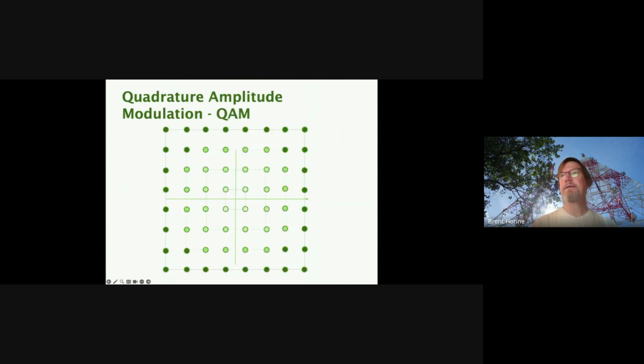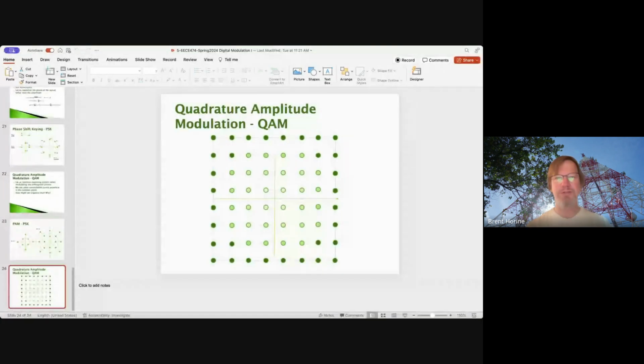All right, now let's get carried away here, right? So here we've got a QAM. Actually, in the next presentation, I've got a little bit better animation of that. So let's get to that one. If I can find it, there we go.